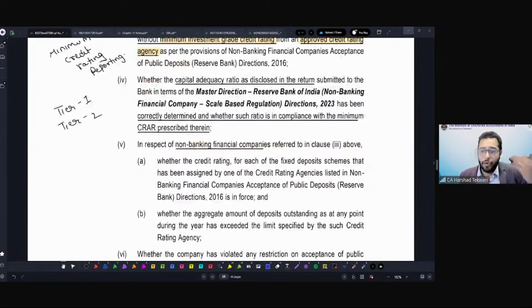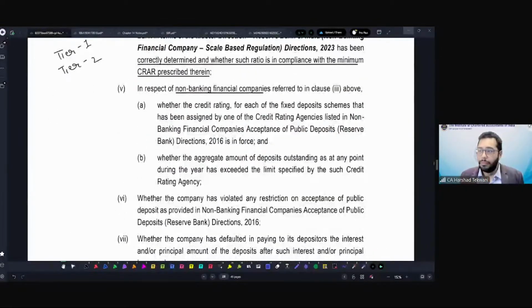Now, if anything goes below that... But as per Moody's, it's BAA3, right? Yes, as I said, different agencies have a different way of calculating the rating. When I talk about Moody's, it has AA1, AA2, AA3, then BAA1, BAA2, BAA3. They have a different scale. Basically, this is based on long-term debt, whether it's a public deposit or a fixed deposit scheme.